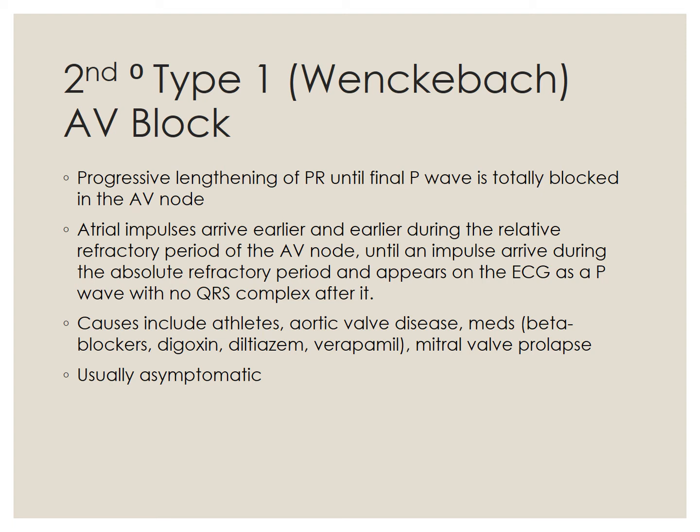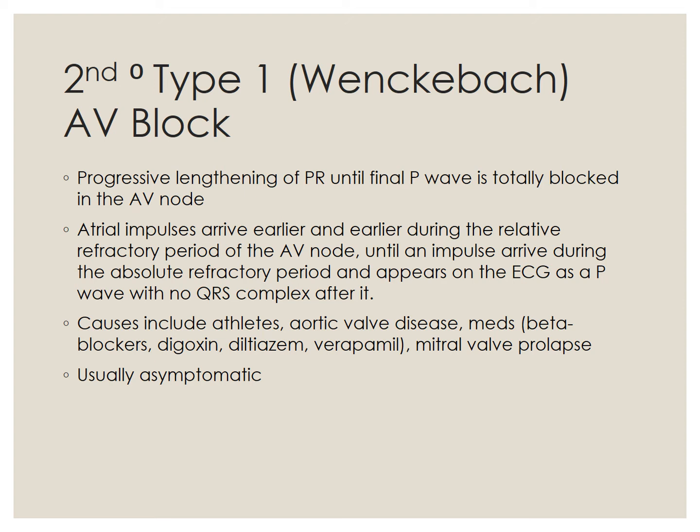This is a progressive lengthening of your PR interval until the final P wave is totally blocked in the AV node. Atrial impulses arrive earlier and earlier during the relative refractory period of the AV node, until an impulse arrives during the absolute refractory period and appears on the ECG as a P wave with no QRS complex after it.